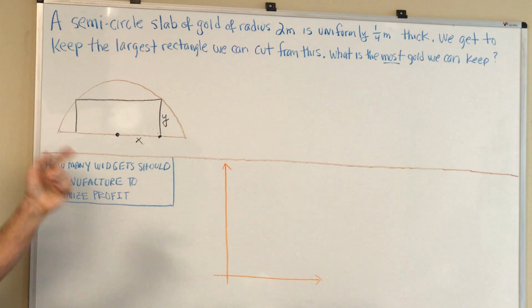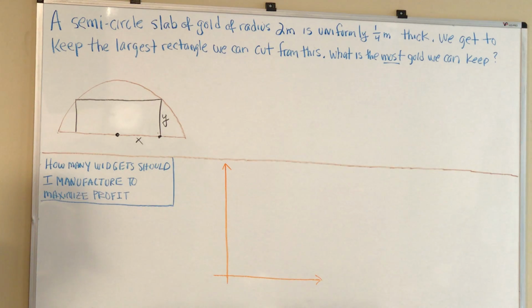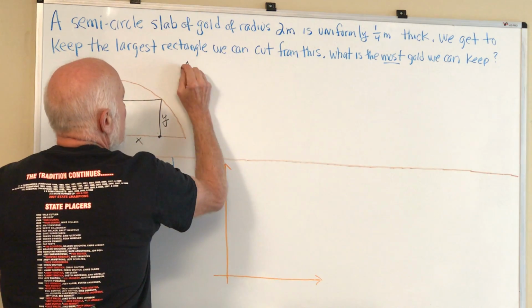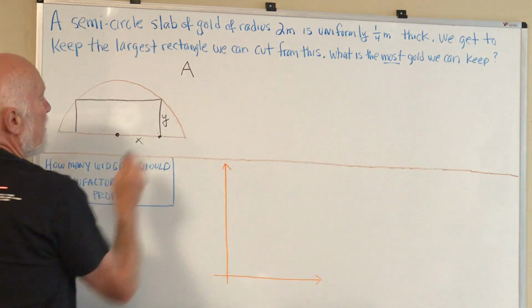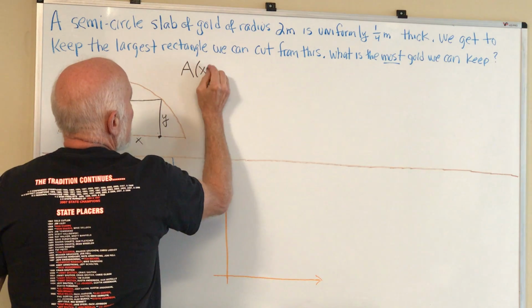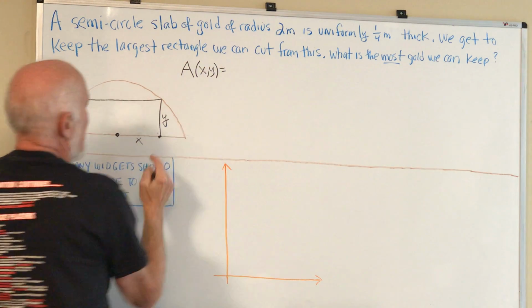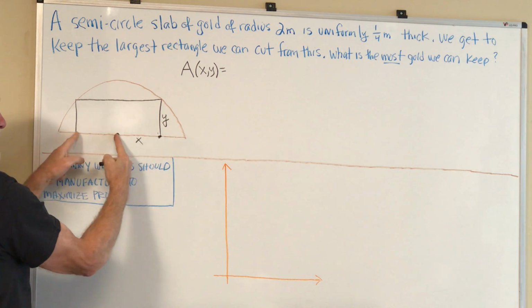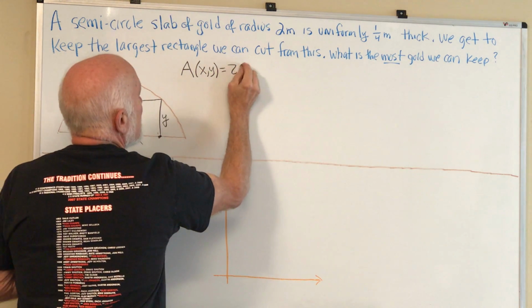It's uniform thickness. So if I can maximize this area, I'm going to maximize the total volume. So what is the dependent variable I'm going to call area, and it depends on x and y. And it's going to be this dimension, 2x times y.